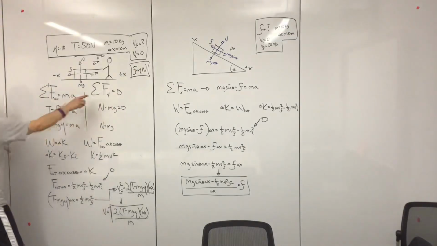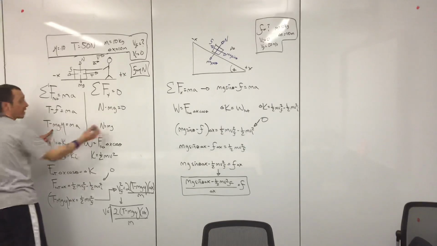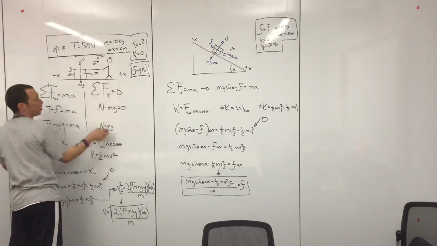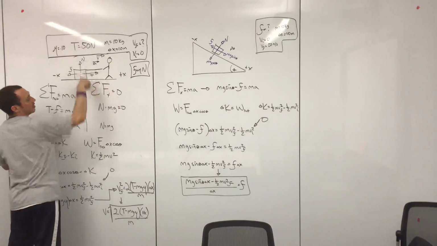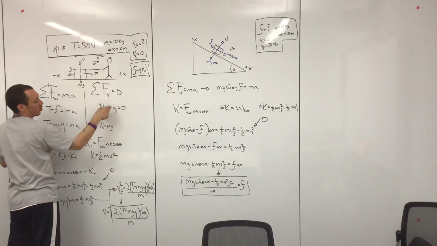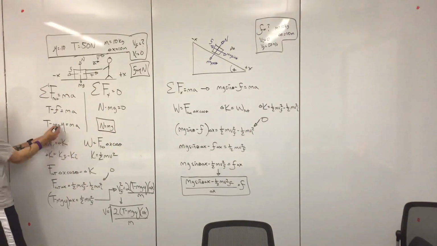In the y, normal force minus mg is balanced, so it's Newton's first law, and when we solve that, we see normal force is equal to mg.